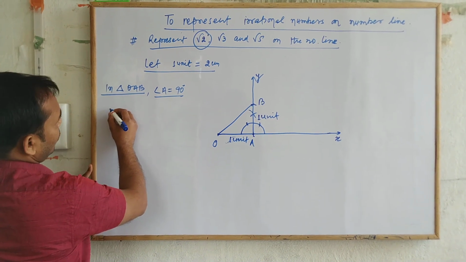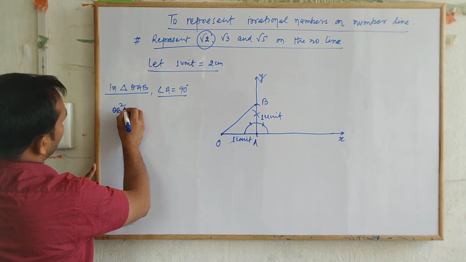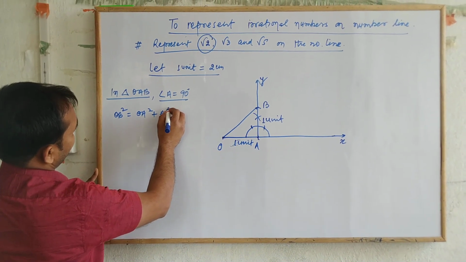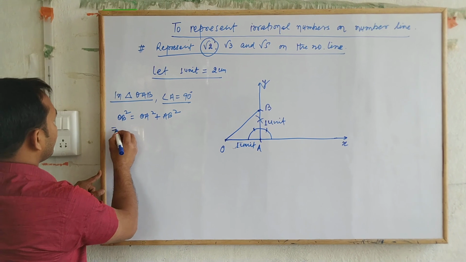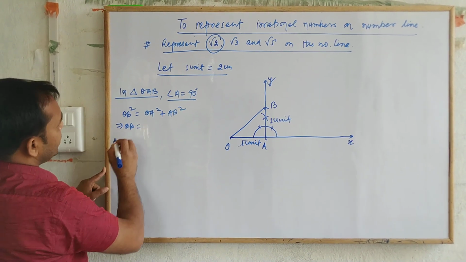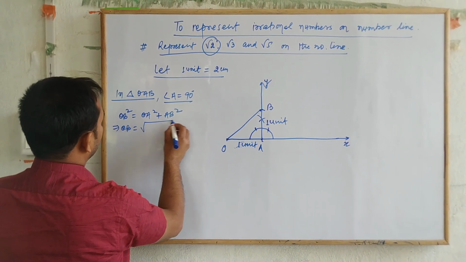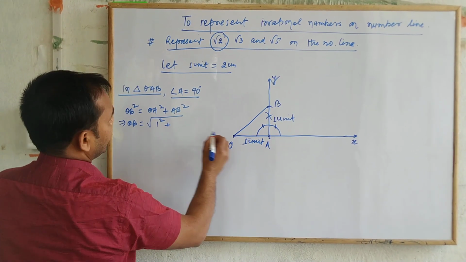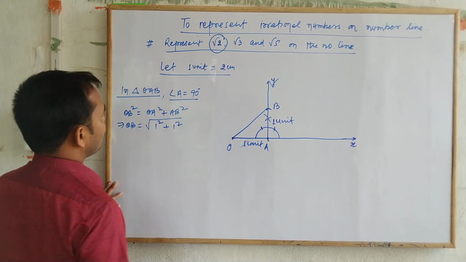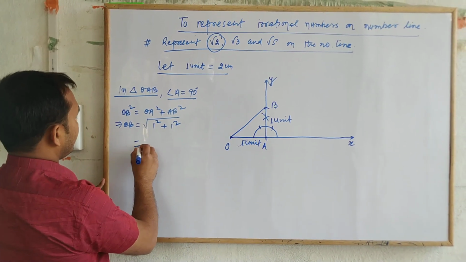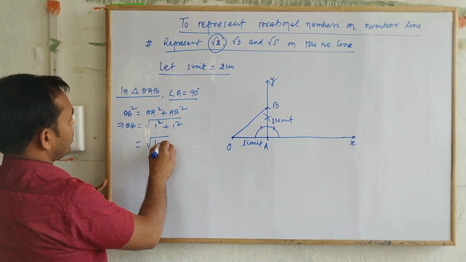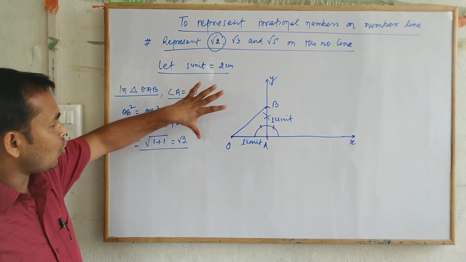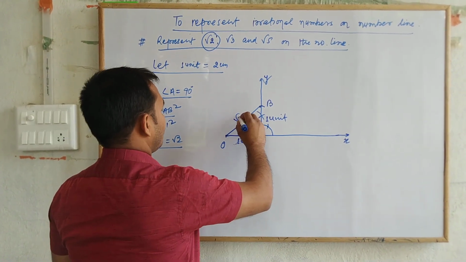So OB square is equal to OA square plus AB square. OB is equal to root under 1 square plus 1 square, which is root of 1 plus 1, equal to root 2. So OB is equal to root 2.